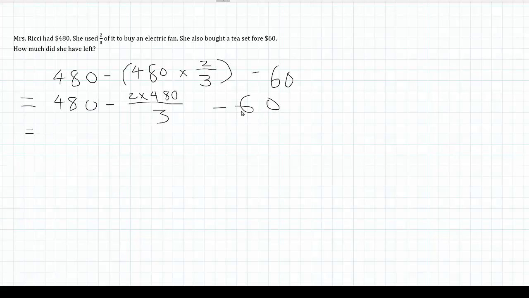Let's first subtract 60 away from 480. So we get 420 minus 2 times 480 over 3.